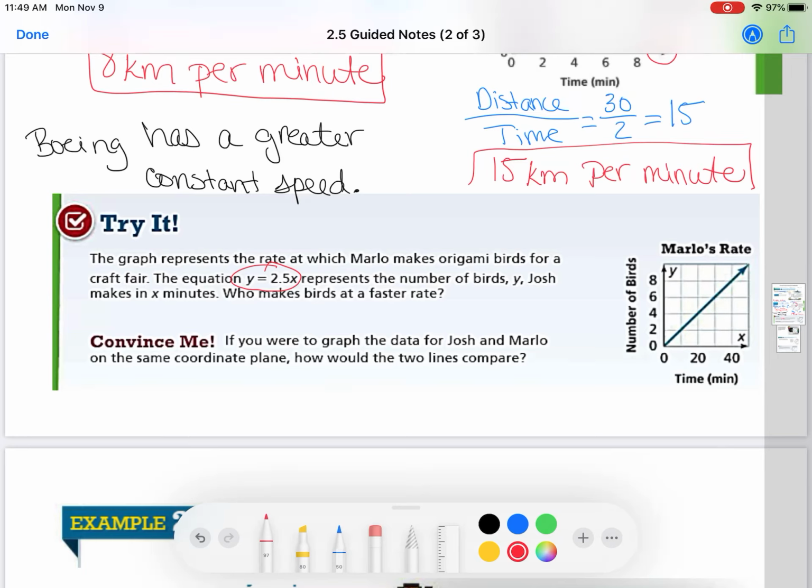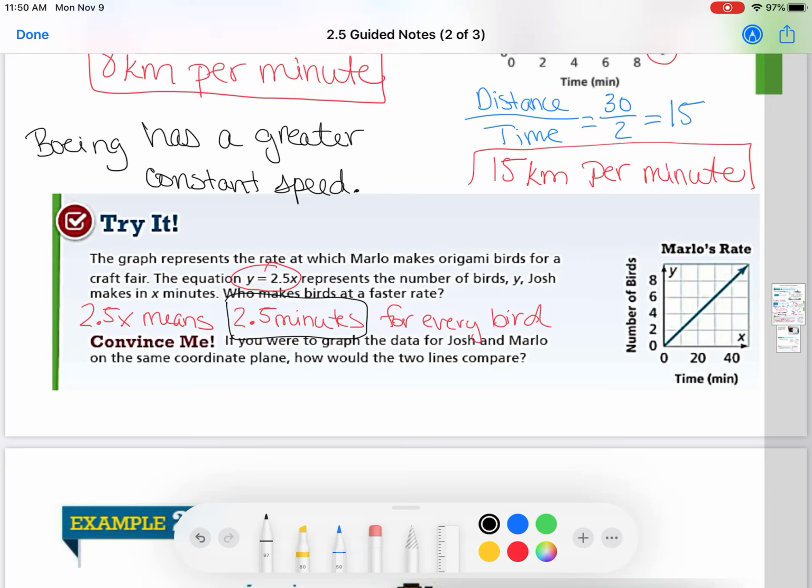So let's write that, 2.5x means for every 2.5 minutes, for every bird that he makes. Again, these are crafts. So 2.5x from the equation means that it takes him 2.5 minutes for every bird. The reason we're using x is because we don't know how many birds he ends up making. But that's the speed, so that's the rate that Josh goes.